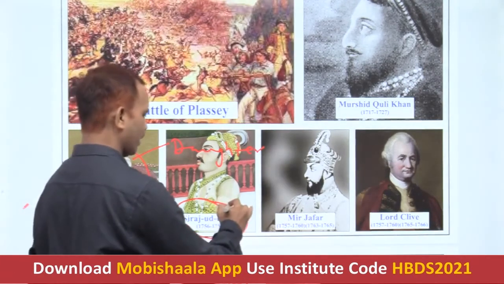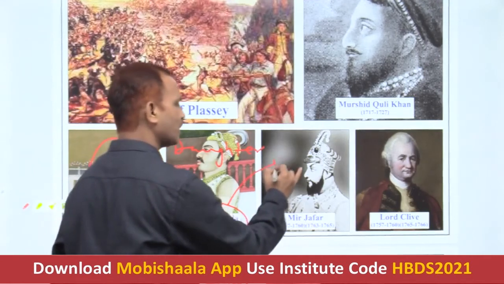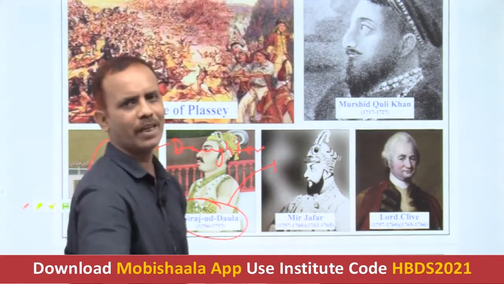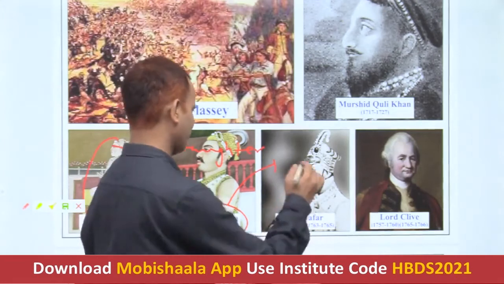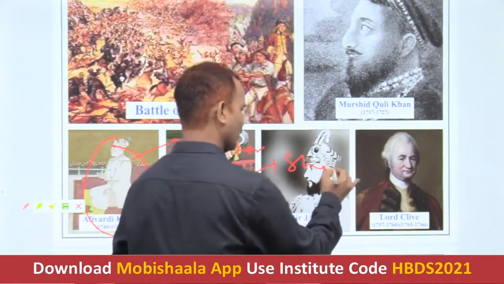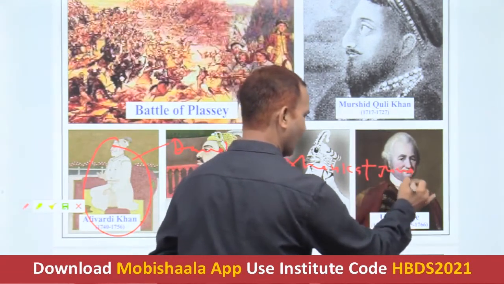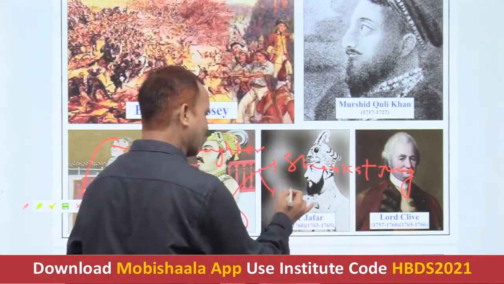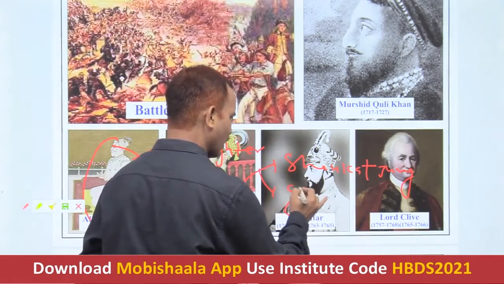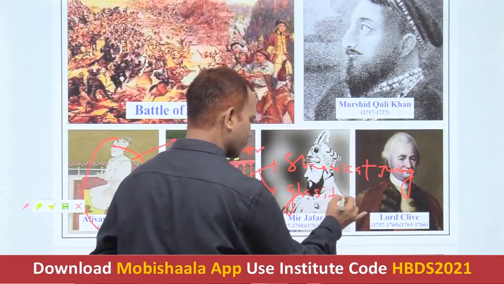Okay, but Siraj was being opposed by Shaukat Jung and Ghasiti Begum.